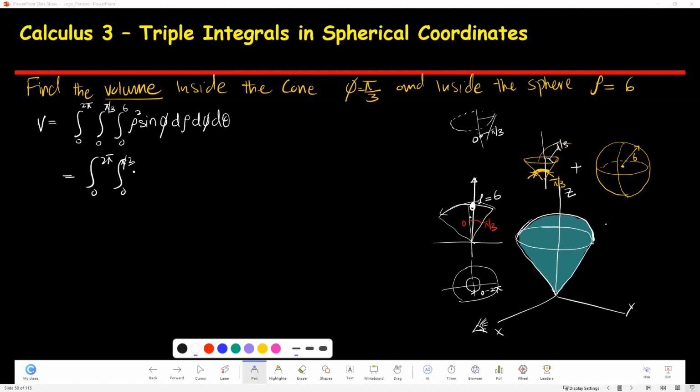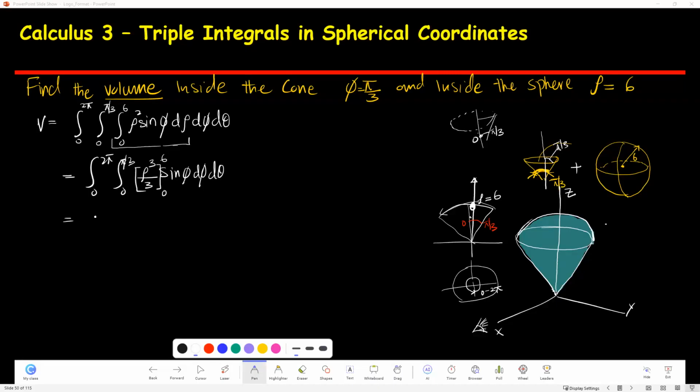Pi over 3, and I'm going to take the integral for this term. So rho cubed is going to stay there as a constant. So I'm going to say rho cubed over 3. It may be much easier if you just leave the sine out, because sine phi is a part of the d phi and d theta, and then here 6 and 0.